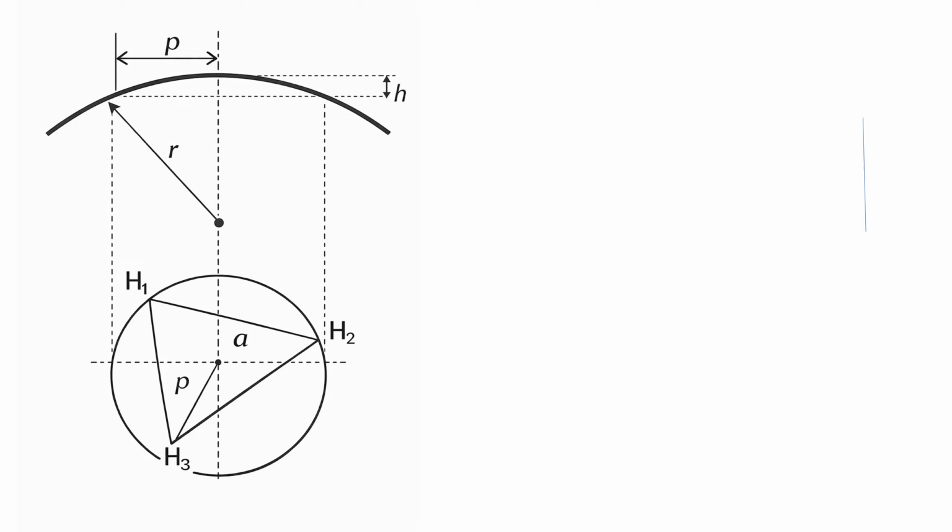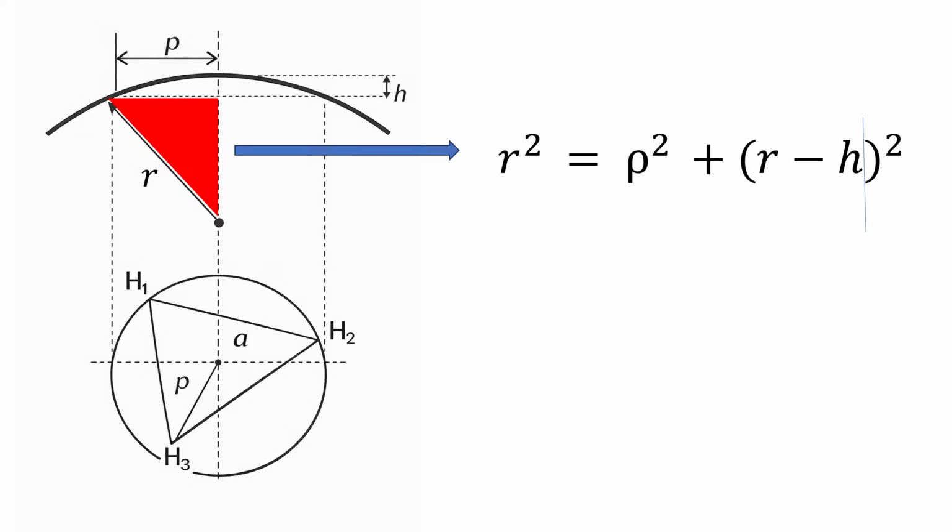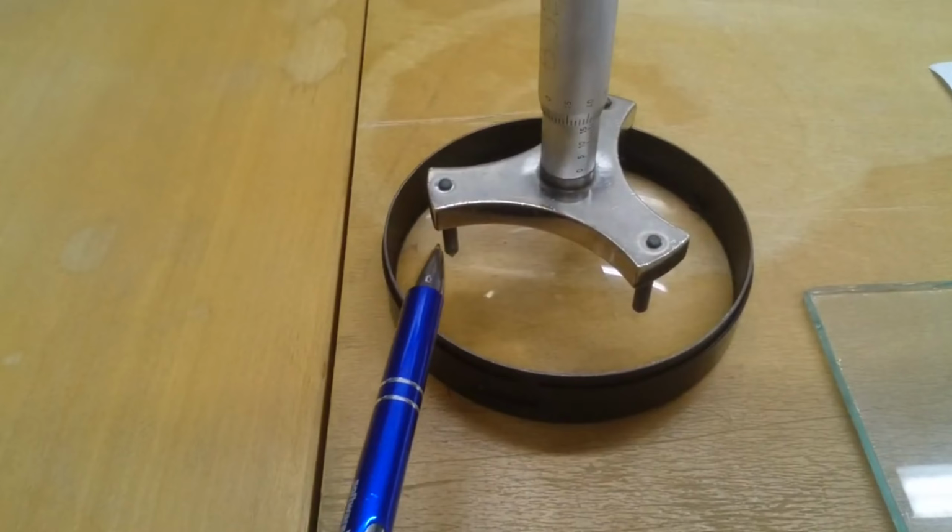The convex spherical surface is shown here, and the small letter r represents the radius of curvature of this surface. We can calculate it using the Pythagorean theorem in this right triangle, based on the following relationship. We determine the distance ρ from this diagram, where h1, h2, and h3 are these three outer legs of the spherometer.